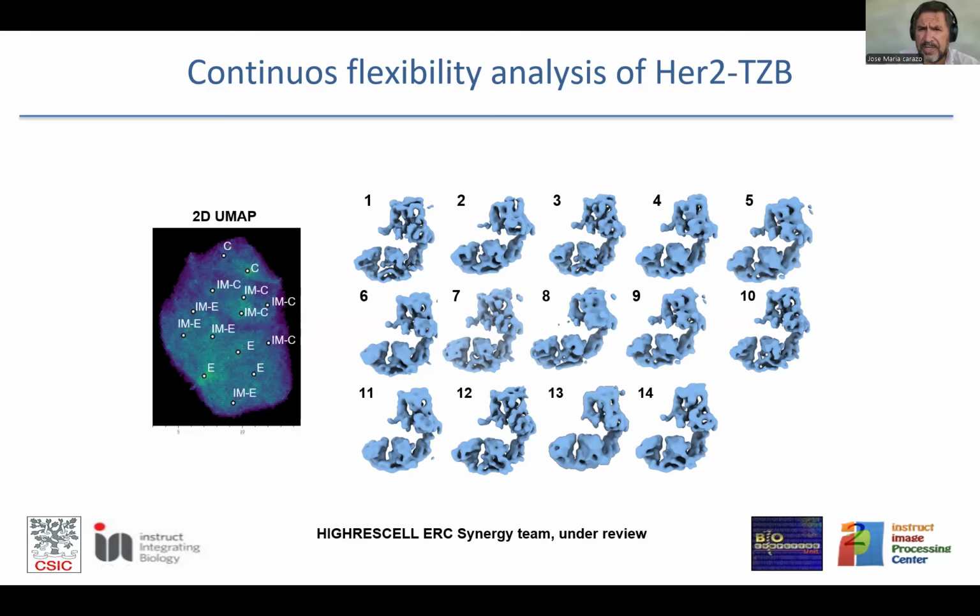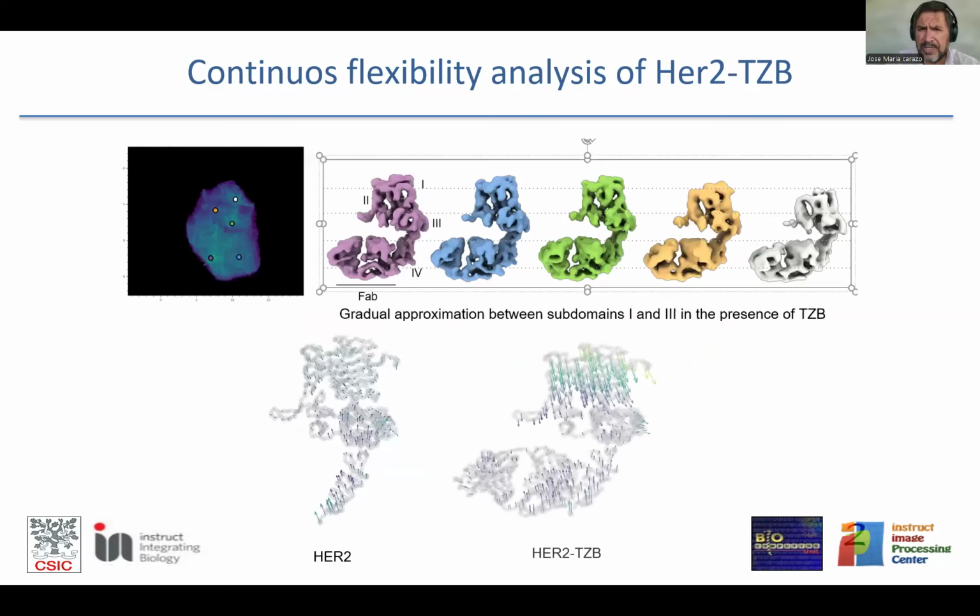And we were able to see that there was certainly flexibility in the macromolecule, a flexibility in the area where the antibody bound. Trastuzumab is a therapeutic antibody, but also in the area of the dimerization bridge with other HERs.